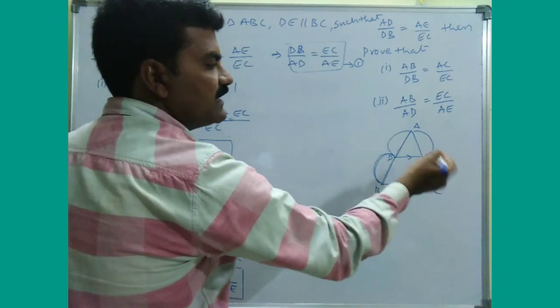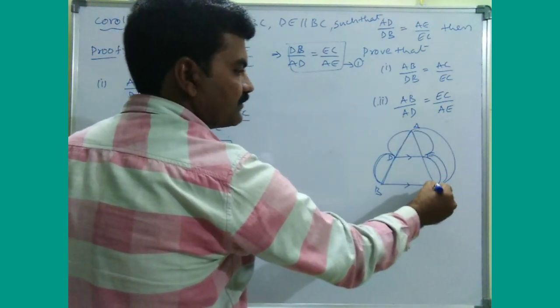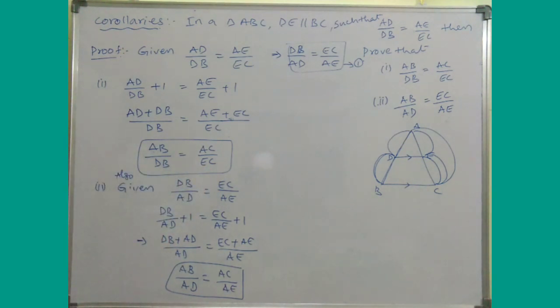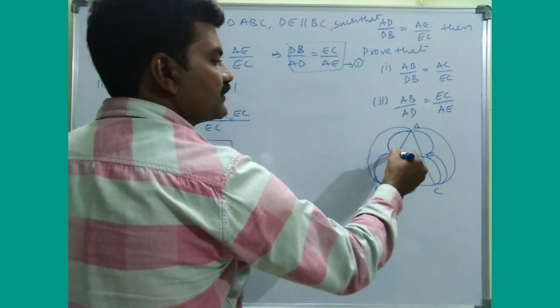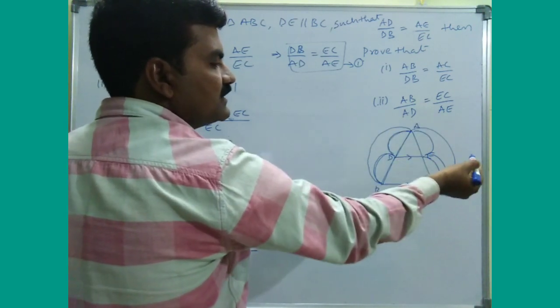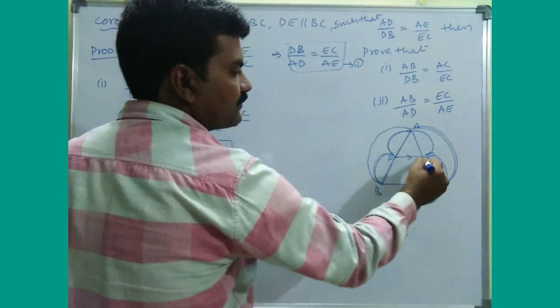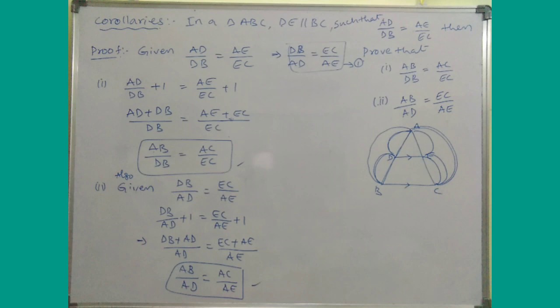Then there also, in the same way, the whole part AC by the second half EC. Understood? And coming to here, AB by AD, I mean the whole thing by the first half AD. Then that side also in the same way we take the whole side AC by the first half AE. So very easy to remember.